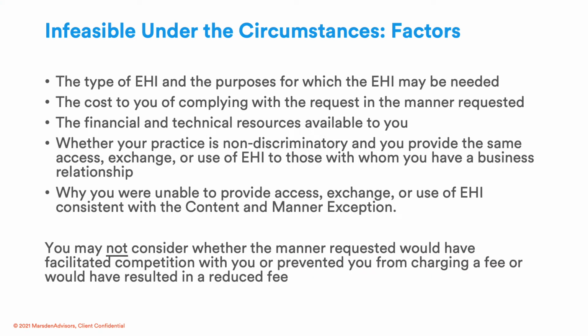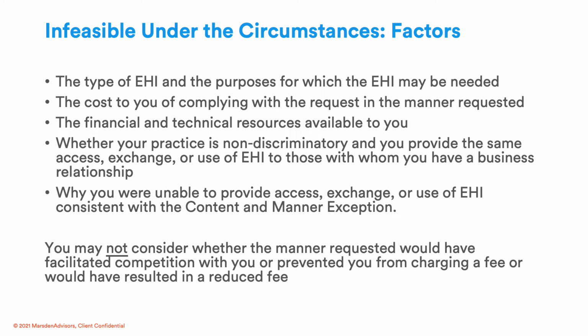The contemporaneous documentation should include things such as the type of EHI and the purposes for which the EHI may be needed, and factors that factor in to the infeasibility in complying with the request, such as the cost to you of complying with the request in the manner requested, the financial and technical resources you have available, and of course, your practice's non-discriminatory application of these factors.